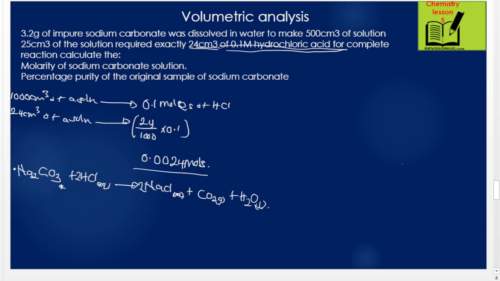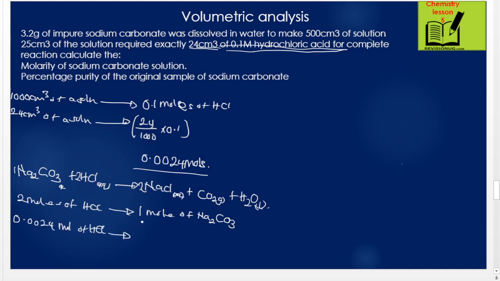Therefore here we have 1 mole and here we have 2 moles. Therefore we say 2 moles of hydrochloric acid react completely with 1 mole of sodium carbonate at standard conditions. Now here we did not use 2 moles. How many were used? 0.0024. So how about 0.0024 moles of HCl?